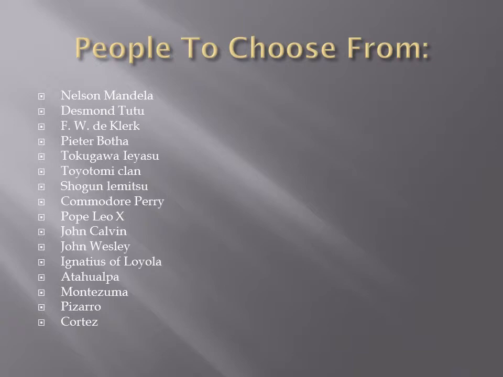And these people are from all over the world. Some are from Africa, some are from the Far East, some are European, and some were here in the Americas. And when we say the Americas, we mean North and South America.